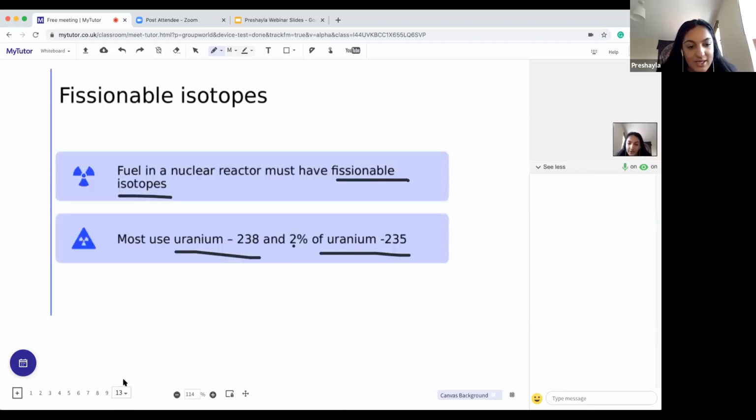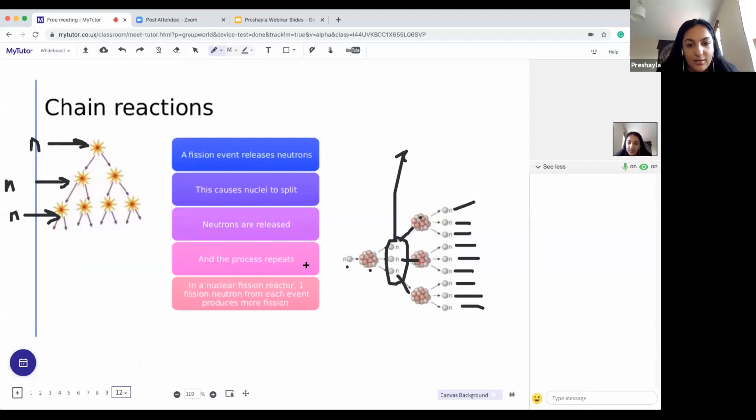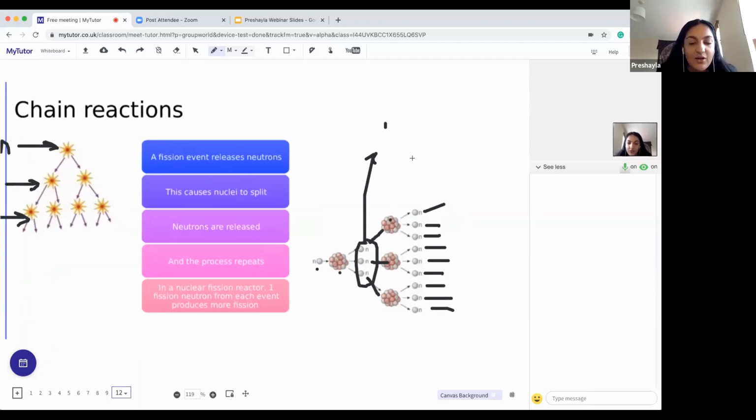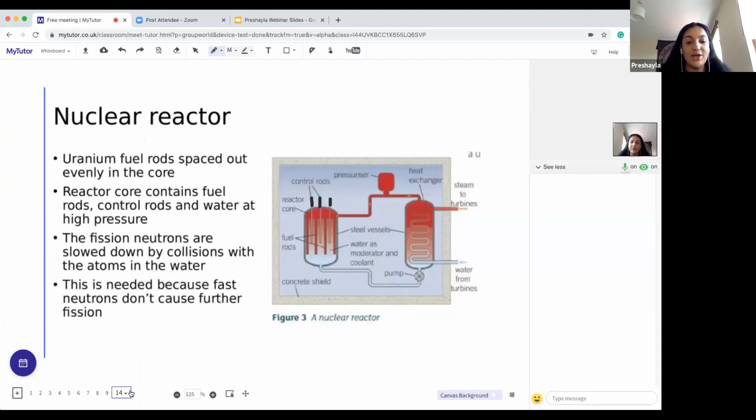As we see here, fission neutrons, these ones or these ones, have a high velocity. And we don't want them to have a high velocity. We want to slow them down.